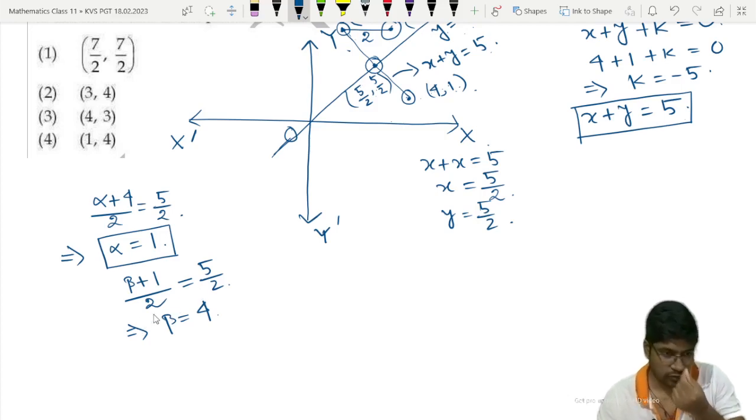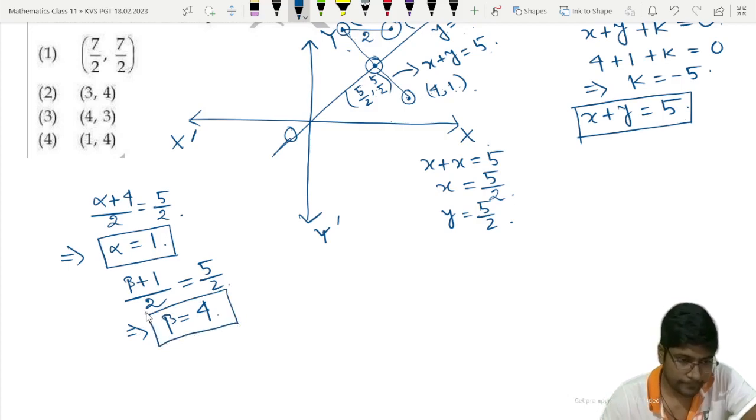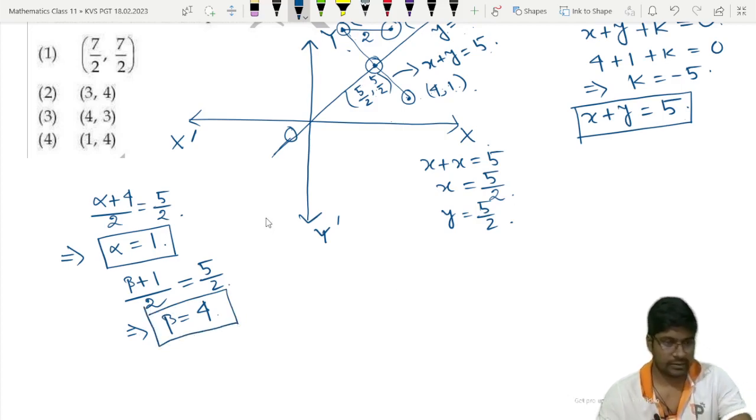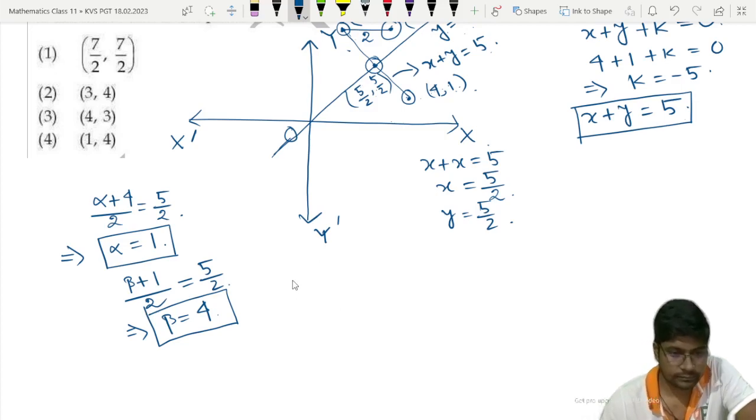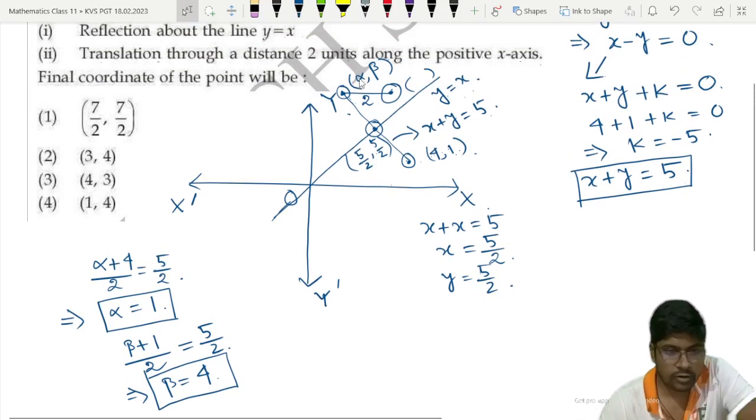So finally we have got (alpha, beta), that is (1, 4). This point we have got.